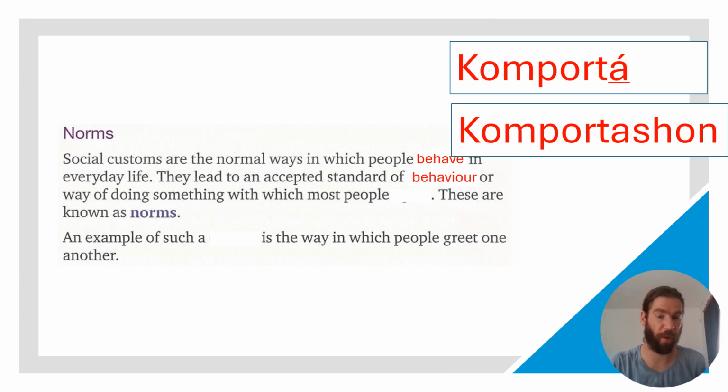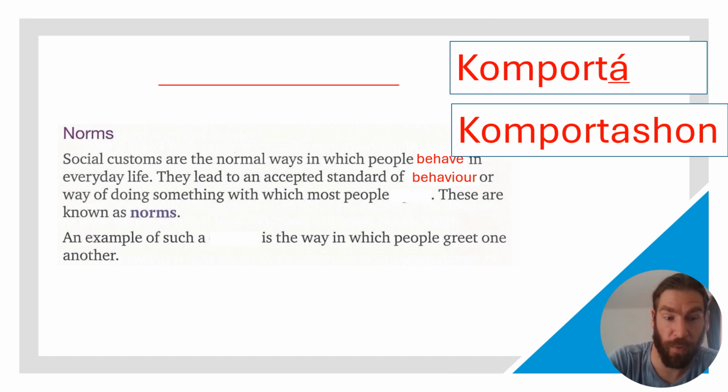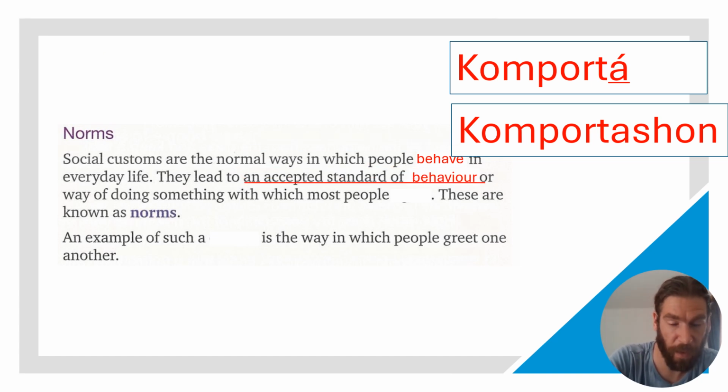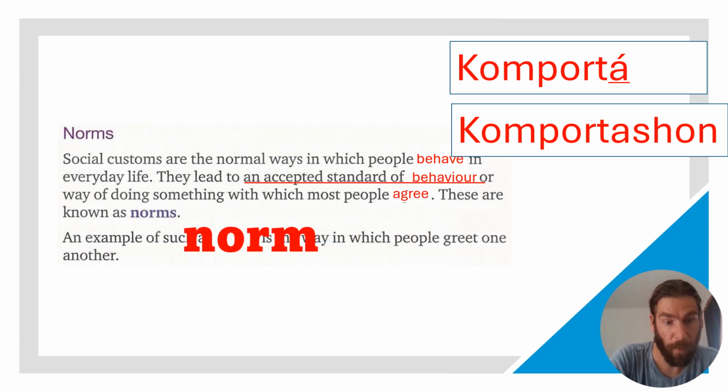For instance, Curacao. They lead to an accepted standard of behavior, a way of doing something with which most people agree. Yeah? These are known as norms. That's a very important word of this paragraph: a norm. And it means actually an accepted standard of behavior.